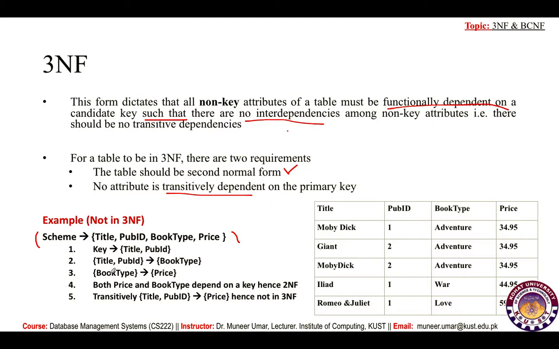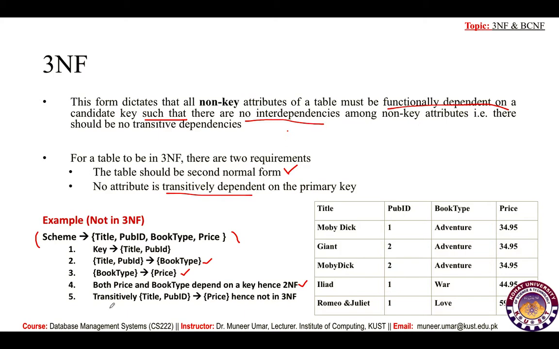The composite of title and publication ID is determining the book type. The book type determines the price. Both price and book type depend on a key, hence this is in second normal form.